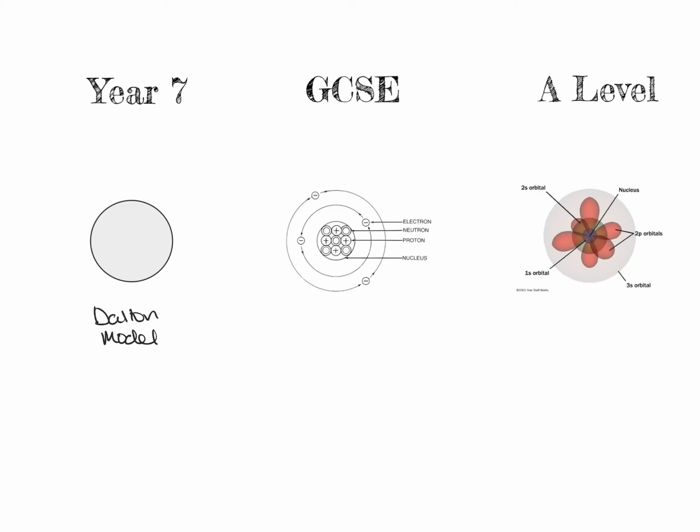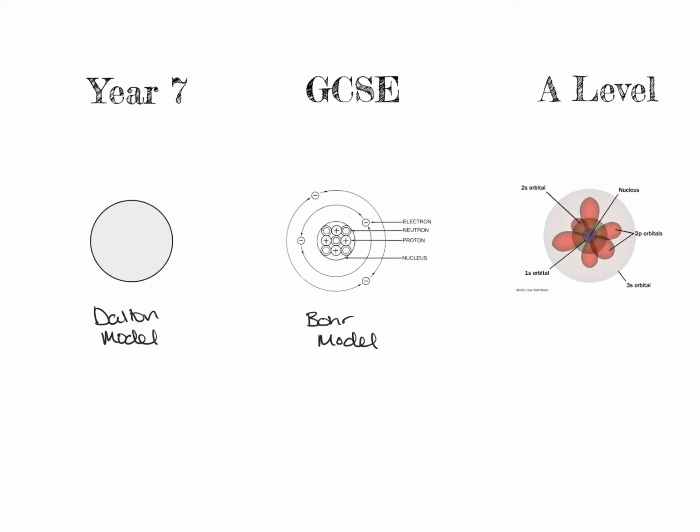As you start to progress to GCSE, and in some schools you do this a little bit earlier, you start to look at subatomic particles, and you start looking a little bit more at the model that Niels Bohr came up with, which is this planetary model of the atom with all of the dense, heavy stuff in the middle and these orbits of electrons going around the outside. Now we move even further on and we start looking at an atom that looks a little bit more like this, and this has orbitals.